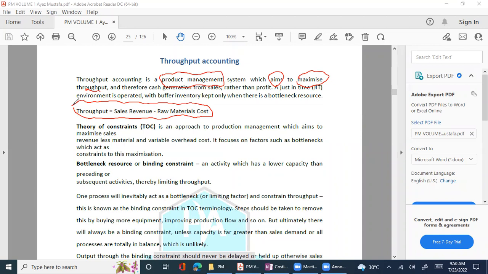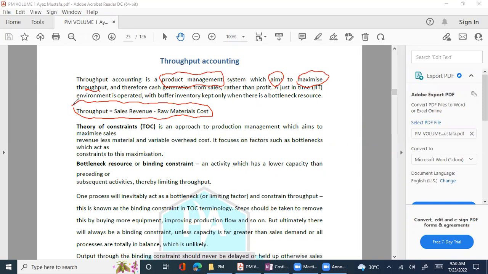An example of a constraint is sales demand. But when we come to the practical reality of every company, sometimes we do not have the required quantity of raw materials, skilled workforce, or machine time. So there can be a lot of bottlenecks.